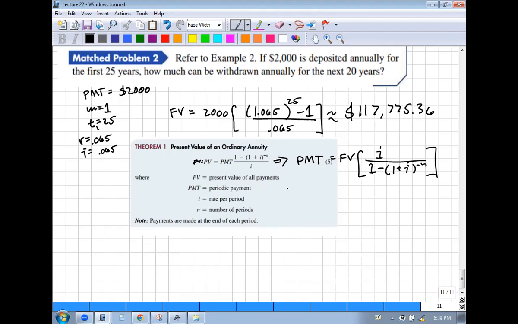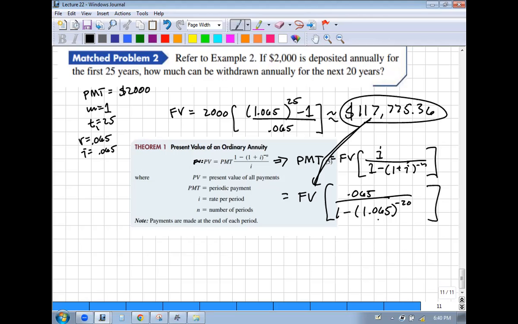All right, and we have all these numbers. We know what the future value is. We know what I is. I is 0.065. 1 minus 1.065. The negative N, we know what N is. Since it's 20 years, this is going to be to the negative 20 power. So just replace FV with this number and type that in.